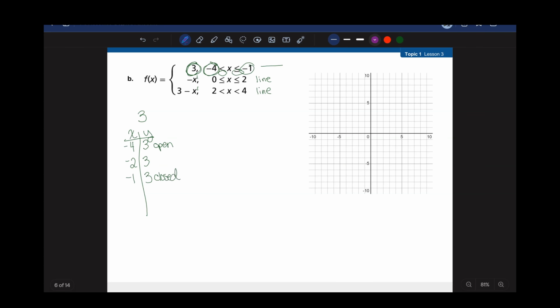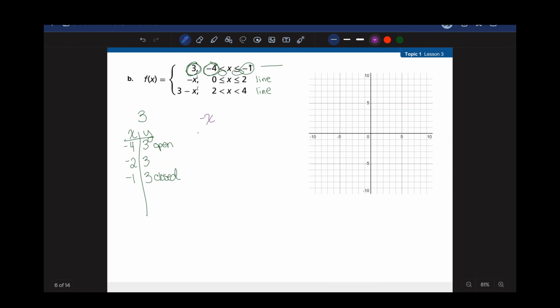We'll move on to the next equation. We have -x going from 0 to 2. 0 is equal to, and 2 is equal to, so we will be closed and closed. And again, I could use my table on my calculator. I could just fill in. This is going to be 0, -1, -2.